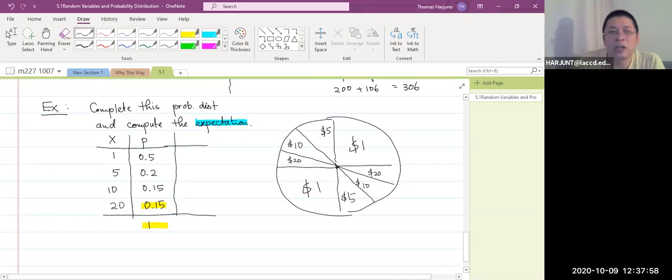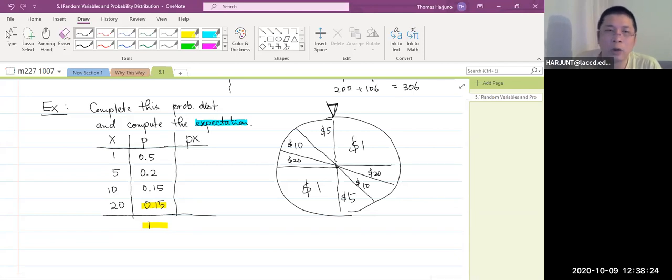So you spin it, and they put a pointer somewhere, and whatever the pointer lands on, that's how much money you get. Suppose from the area you find the corresponding probability, then what is the expected value? If you spin this wheel many times, on average, what do you expect to get?